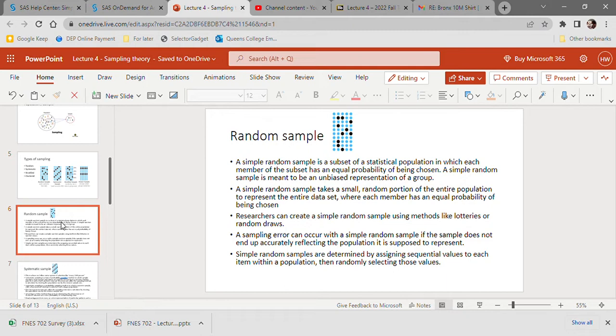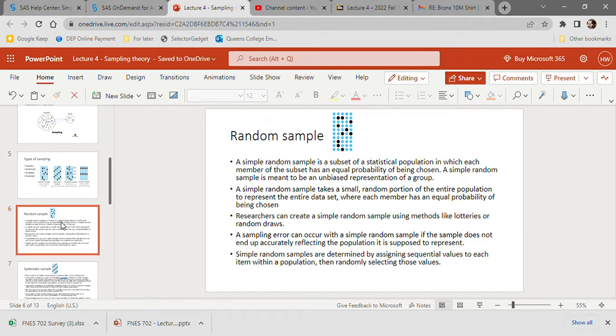If I didn't survey you all, and instead actually went and measured everybody, that would take a lot of time, a lot of resources, and it's probably not feasible. So what I decided to do is a simple random sample, where I essentially just pick names out of a hat.